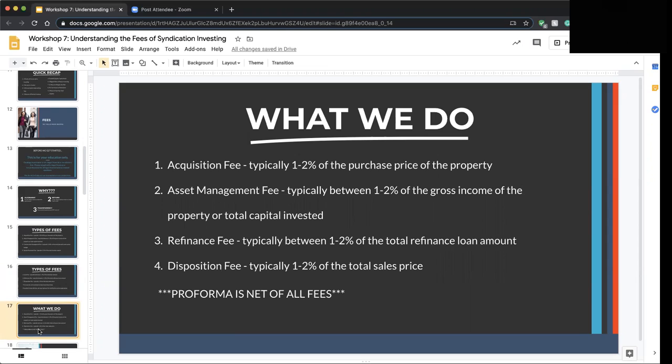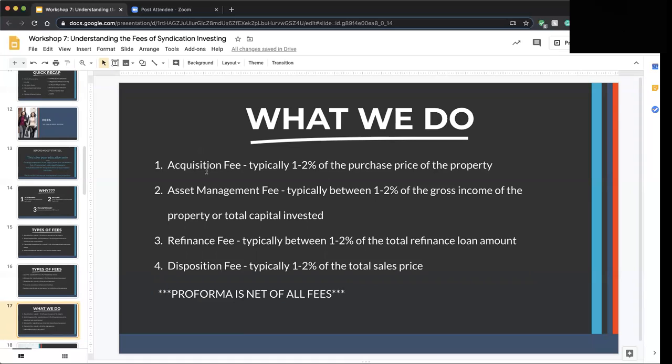So anytime you read any of our pro formas, that pro forma is net of all fees. So when you see a cash on cash return or a preferred return or even the projected IRR, that is after all fees have been removed and paid throughout the project. All right, so let's go over the typical fees that we see in our investments.